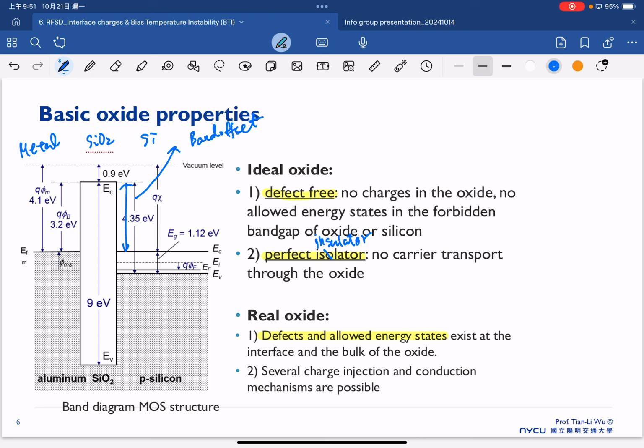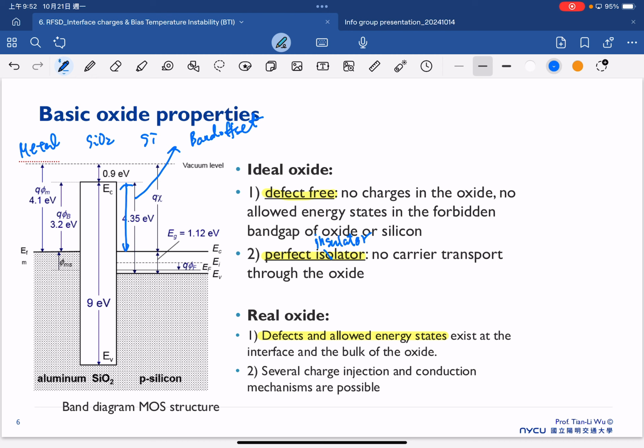The larger the band offset, the better, because that gives us an advantage in reducing the leakage current.